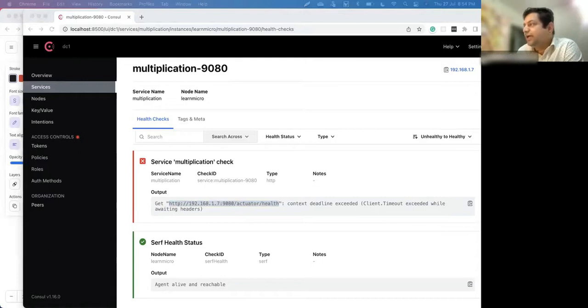So this keeps pinging every 10 seconds. You can configure how frequently you would like to do the health check. And basically it will start pinging the service and update the health check, right? It can do the load balancing also. So this tool is about service registry.